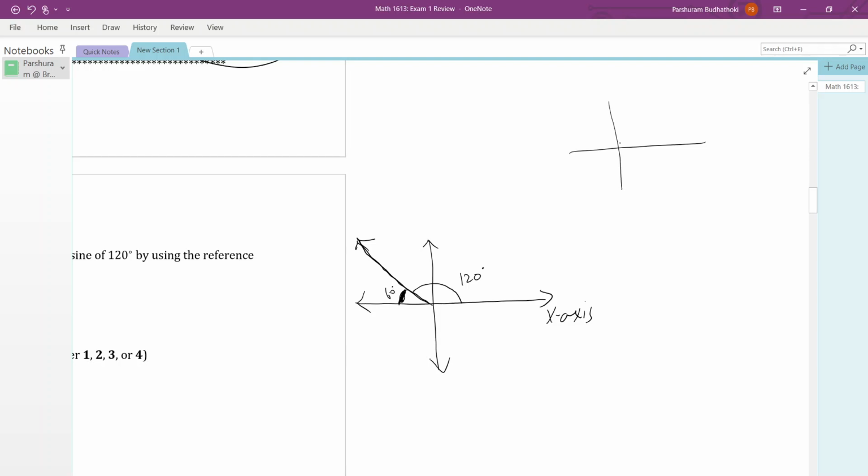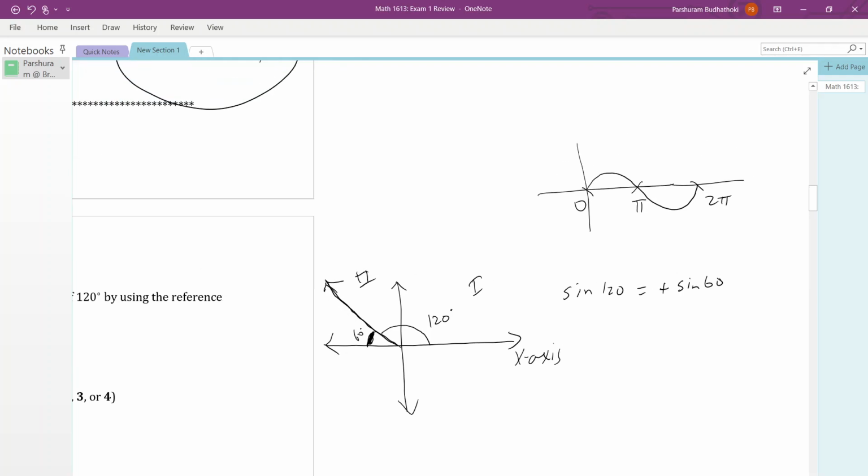So this is the graph of the sine function. This is 0, this is pi, this is 2 pi. As you can see, from 0 to pi, the sine value is positive. So in the first quadrant and second quadrant, the sine value is positive. So the meaning of that is sine 120 is equal to positive sine 60, because there is a rule.